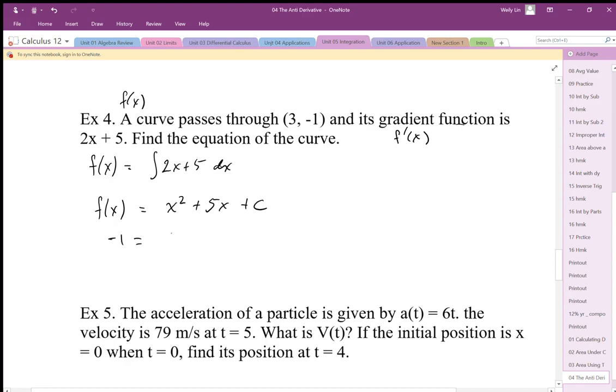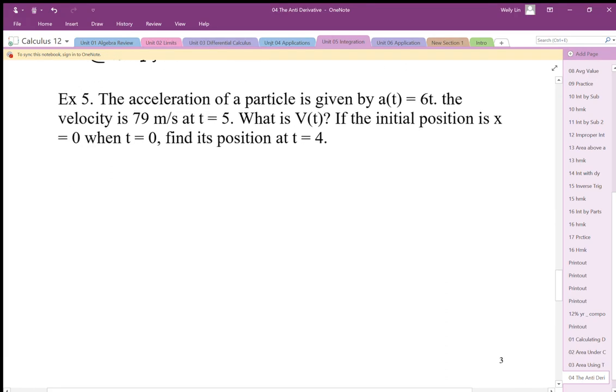So if y is negative 1 when x is 3, c becomes the only variable, so I can solve for c. So this becomes 24, so c equals negative 25. So my f of x function is going to be x squared plus 5x minus 25. So that function will pass through that point, and its derivative will have this derivative here.